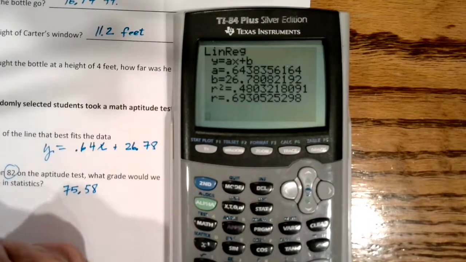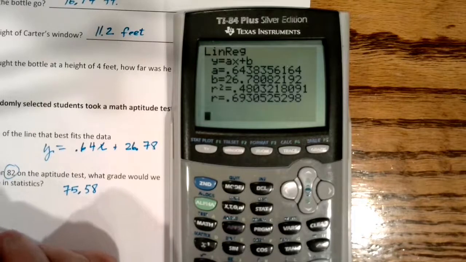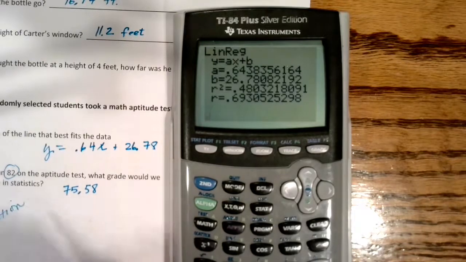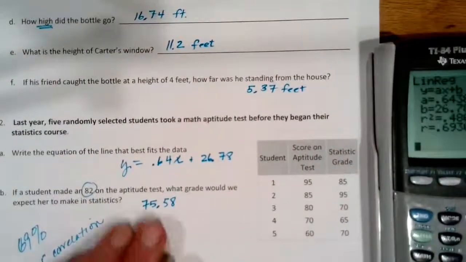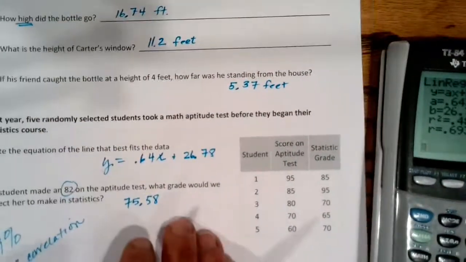We'll make a note of a 69% R correlation. Not a very good one.